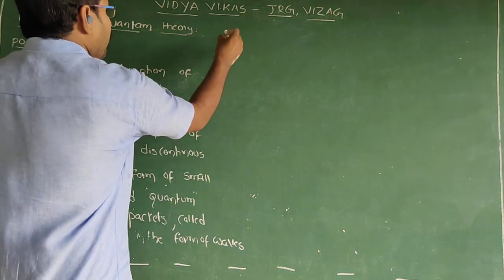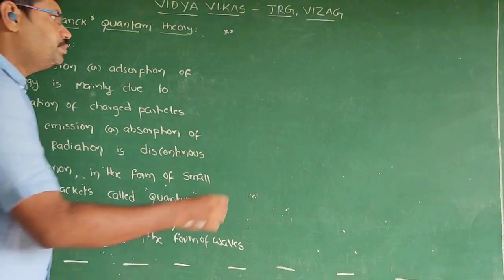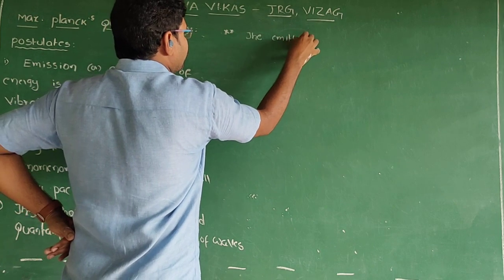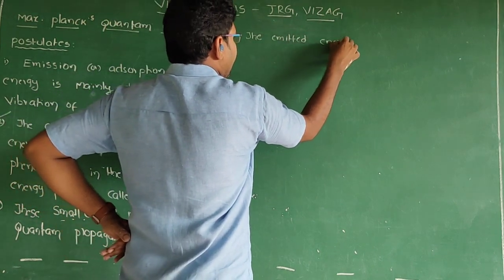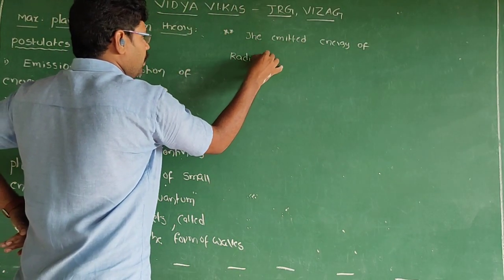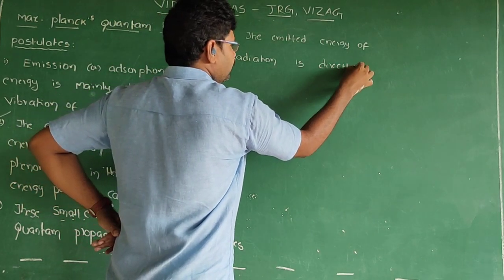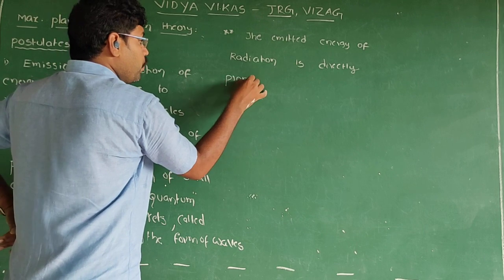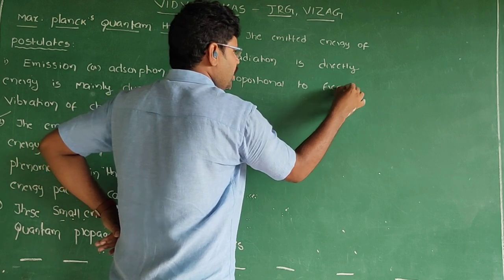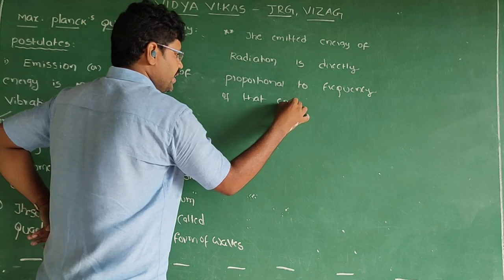Students, now let me come to some important postulates of Max Planck's quantum theory. The emitted energy of radiation, keep in mind always, is directly proportional to the frequency of that emitted radiation.